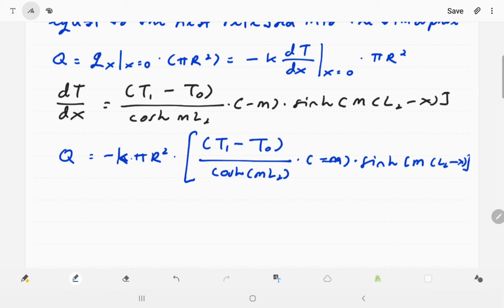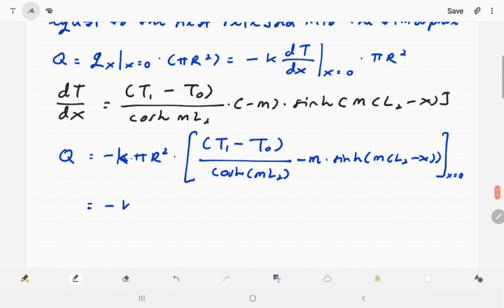Let me erase this one because this is too long, so I need to squeeze these things a bit. This will be minus m multiplied by sinh m(L2 minus x) at x equal 0.